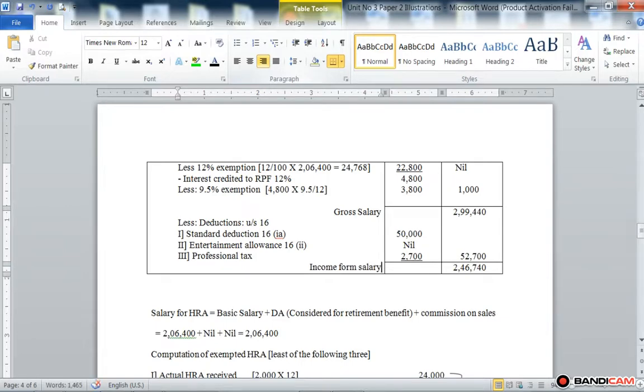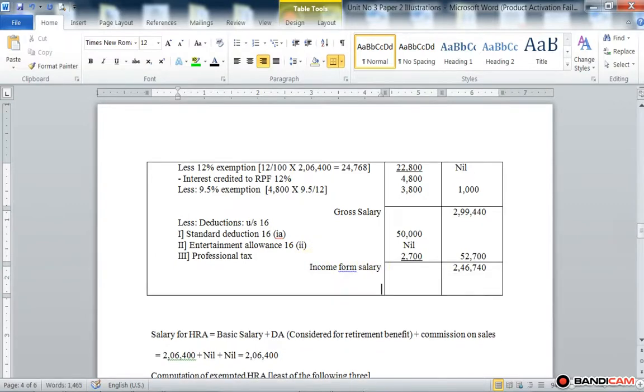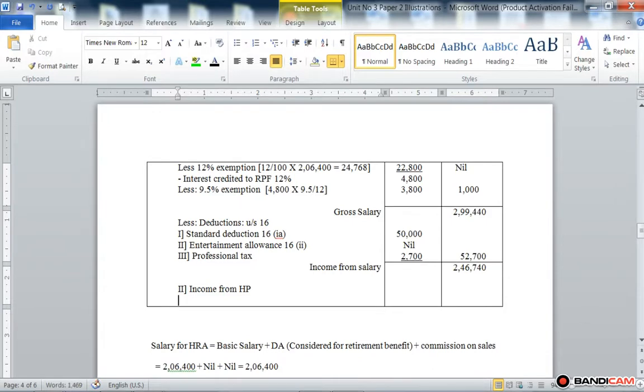Salary is very important, so we solve 5 examples on salary. Then next, that is the second head, income from house property. So house property nil.